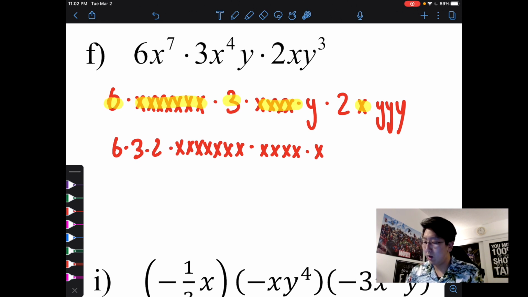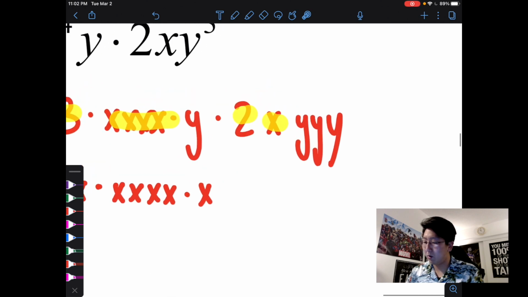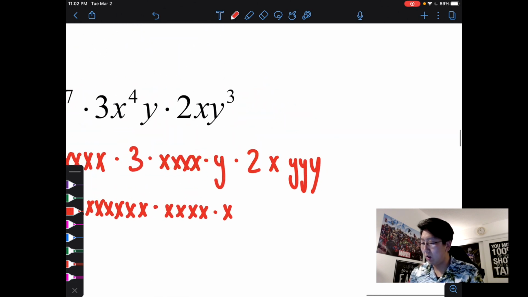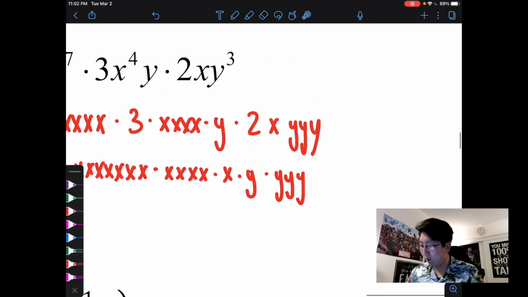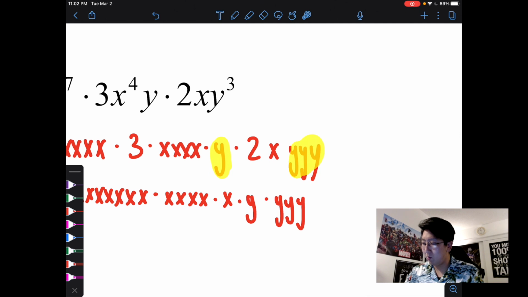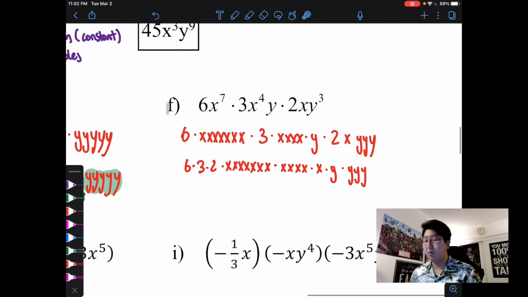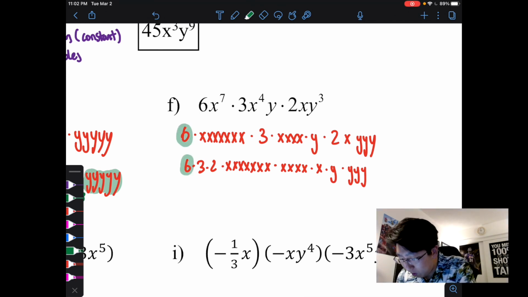So I have all the x's and all the numbers. Next variable I need to focus on is the y's. It's times y, y. So now, oops, I have the y's reordered. Okay? If it's helpful for you, as you do it, you can highlight.